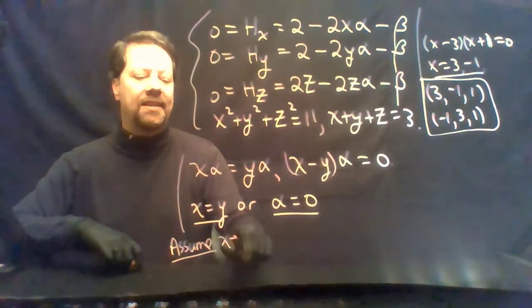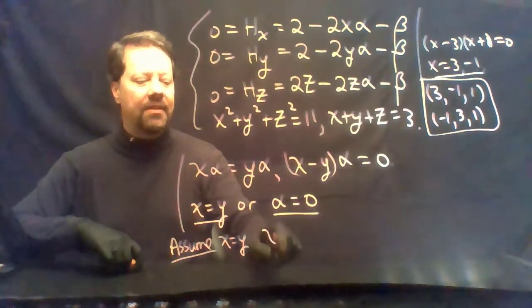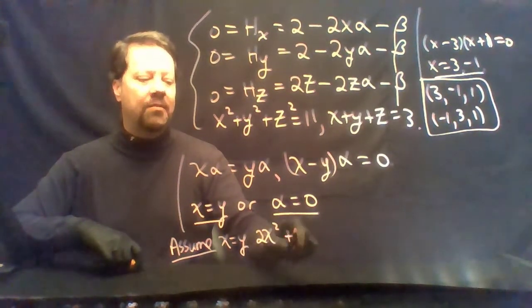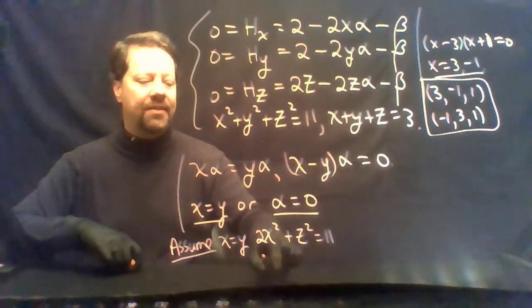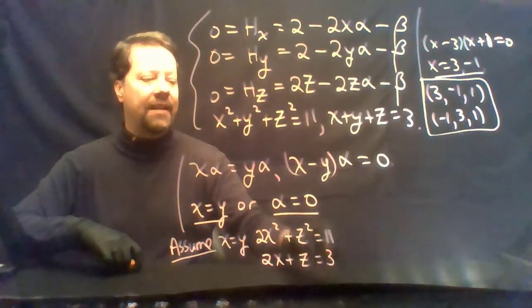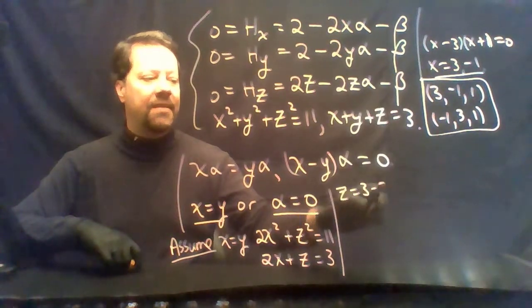If we assume x equals y, we can eliminate y from both of the constraints. We'll have x squared plus x squared plus z squared equals 11, and then x plus x is 2x, plus z equals 3. Solving for z is 3 minus 2x.